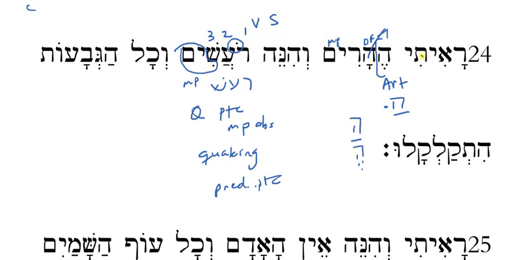Something like, and I looked to or saw the hills or mountains, and behold, they, unstated, were, unstated, shaking. Okay? So the subject and the copula are both null. They're unwritten but implied.